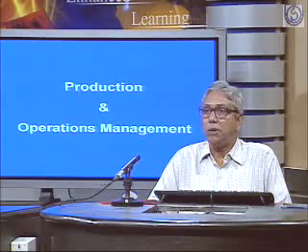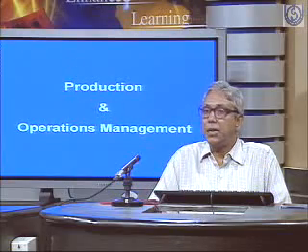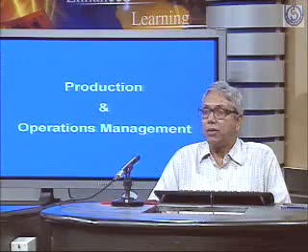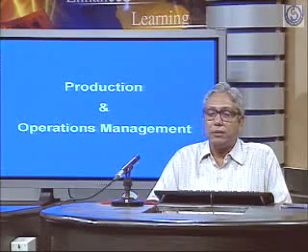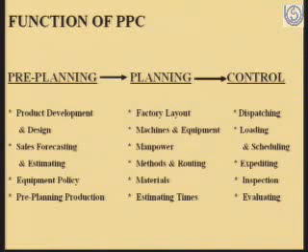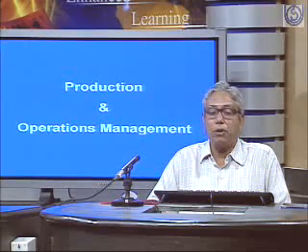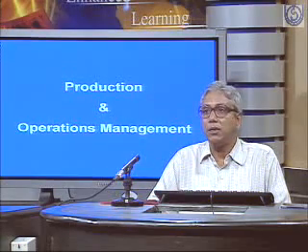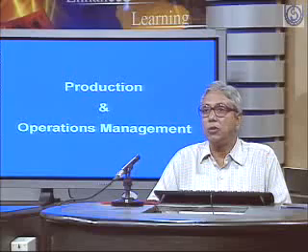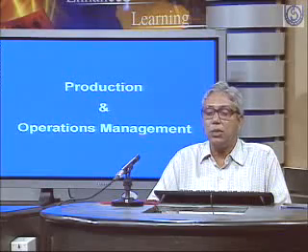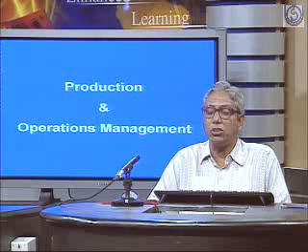That means where different departments will be located, and in a particular department which machines will be there and in which location. Then machines and equipment: exactly which machines and equipment you are going to choose as per the requirement for your forecasted or estimated demand. How many such equipment should be required, what will be the capacity of that. That we can call capacity planning also.